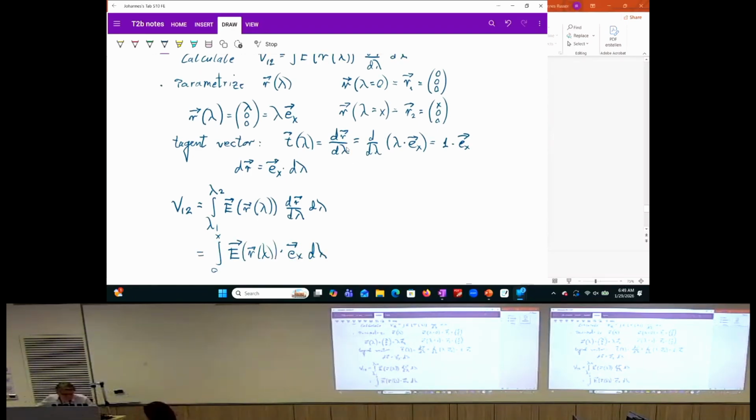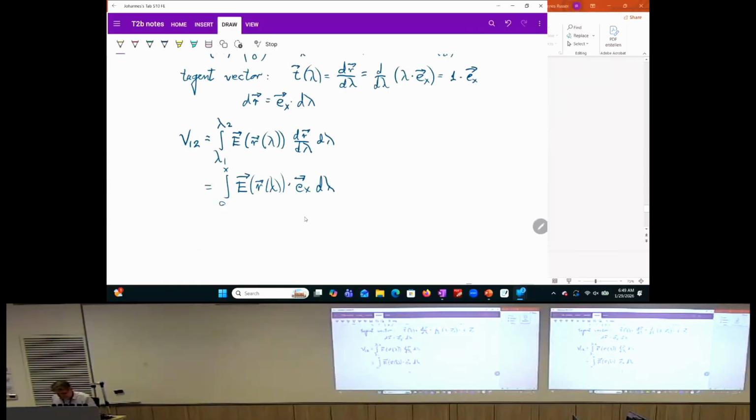So this is a general form. Then we inserted here dr by d lambda is 1 times ex, with ex being the unit vector, and the field itself.